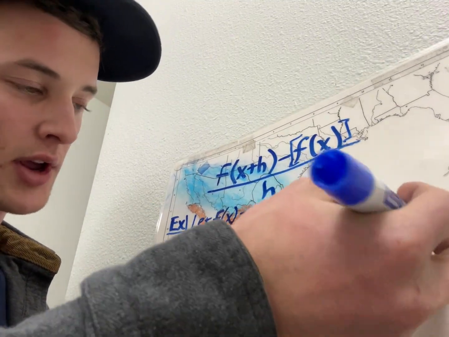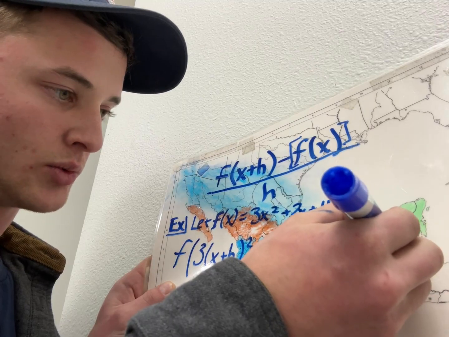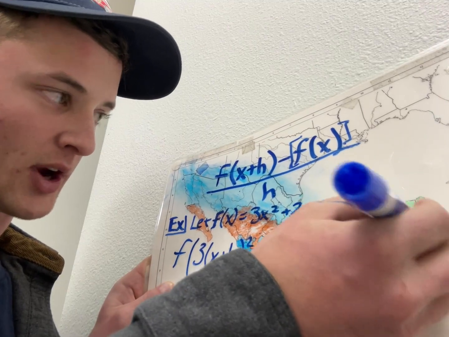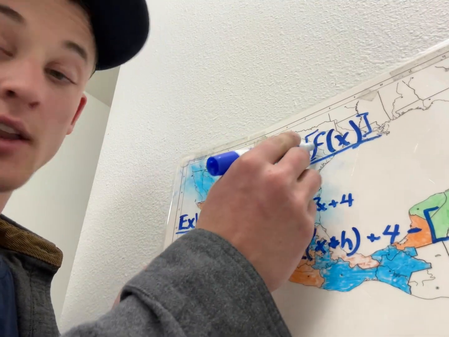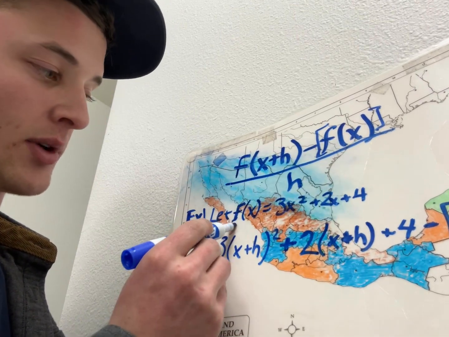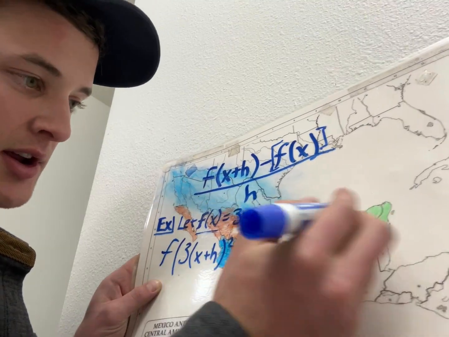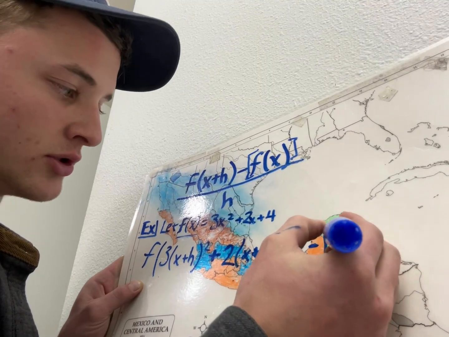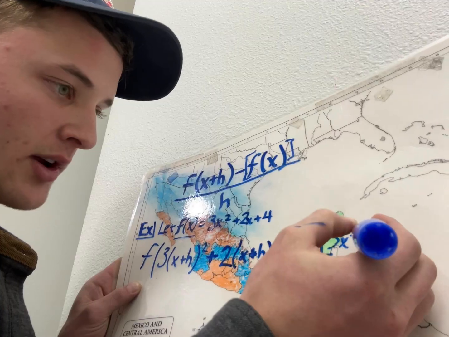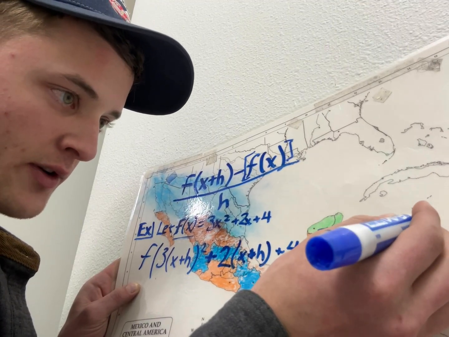So what I'm gonna do here is leave these in brackets. Since this right here, f of x, is just the same as this right here, we're just gonna put down 3x squared plus 2x plus 4.